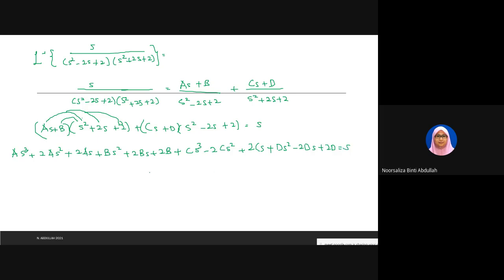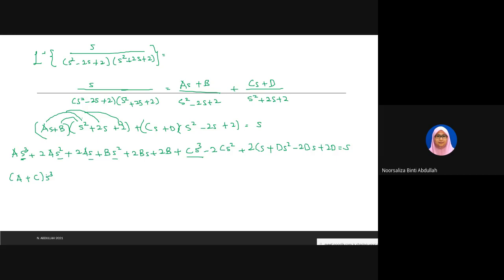Lepas tu you susun ikut dia punya S kuasa 3, S kuasa 3, S kuasa 3. So now you have A plus C S kuasa 3.